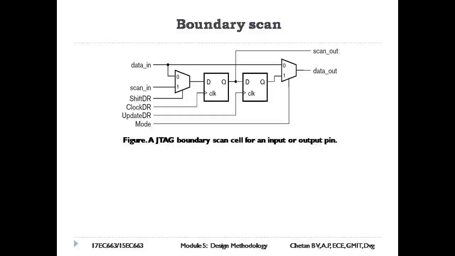The JTAG standard defines a number of instructions, with instruction formats for operations that select among data registers, control the mode of scan design, and so on. There are also instructions for component-specific extensions like built-in self-test modes.